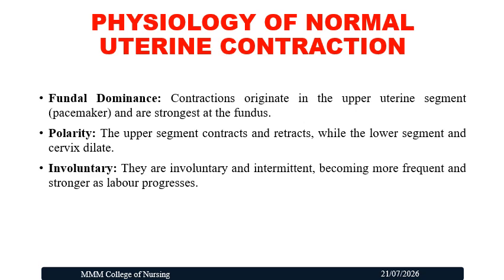Polarity means the upper segment contracts and retracts while the lower segment dilates the cervix. So this is a harmony between the upper and the lower uterine segment. Third one is involuntary. The contractions are involuntary and intermittent, and they become more frequent and stronger as labor progresses.